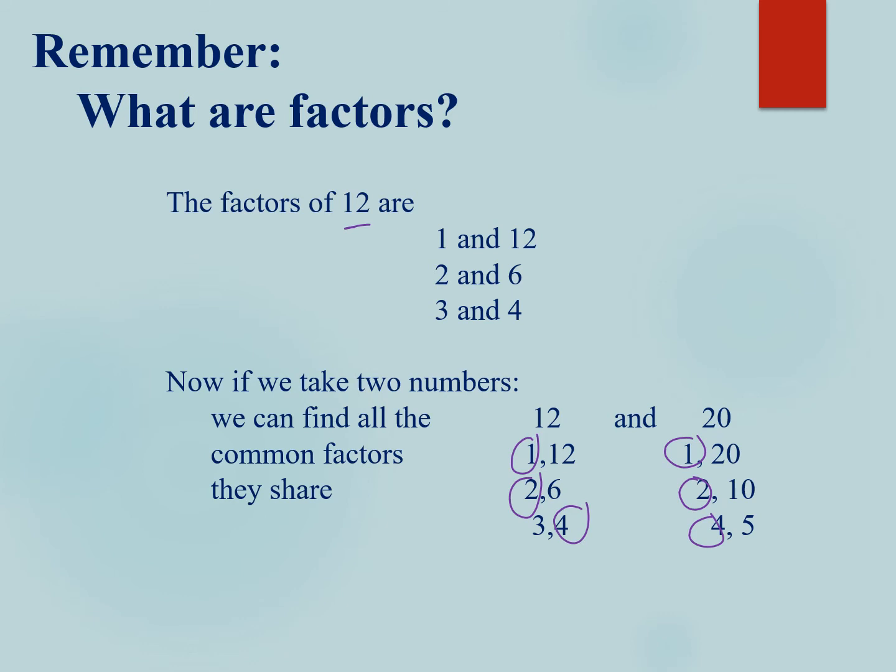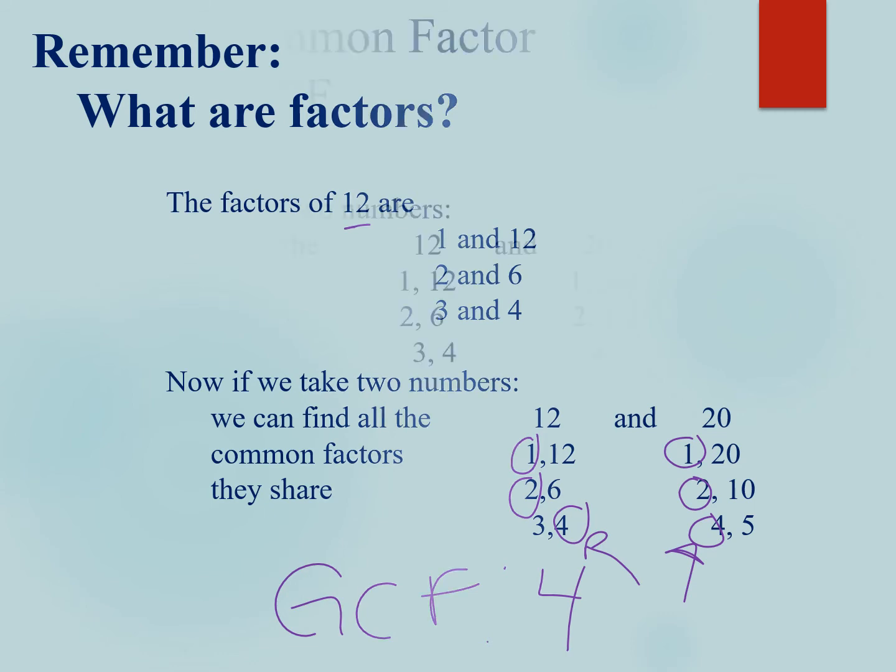So the greatest common factor is 4, because that is the largest number that they both share. Yes, they have 1 and 2 in common, but 4 is the greatest common factor.